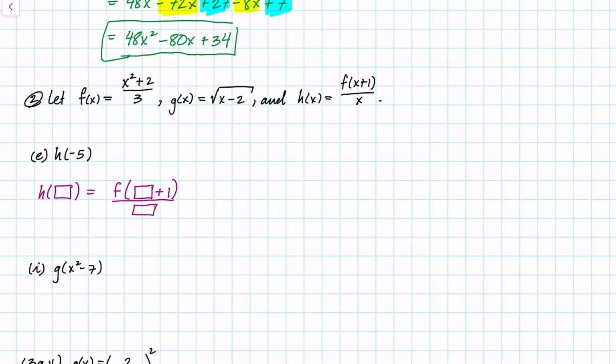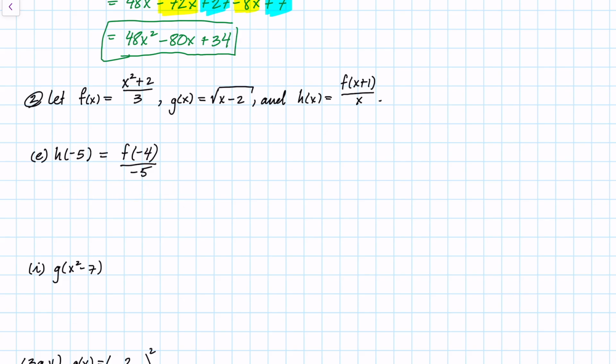Okay? So now I know what I have in my empty box, which is negative 5. So I just do this. And this becomes f of negative 5 plus 1, which is f of negative 4, divided by negative 5. Okay, so let me get rid of this.